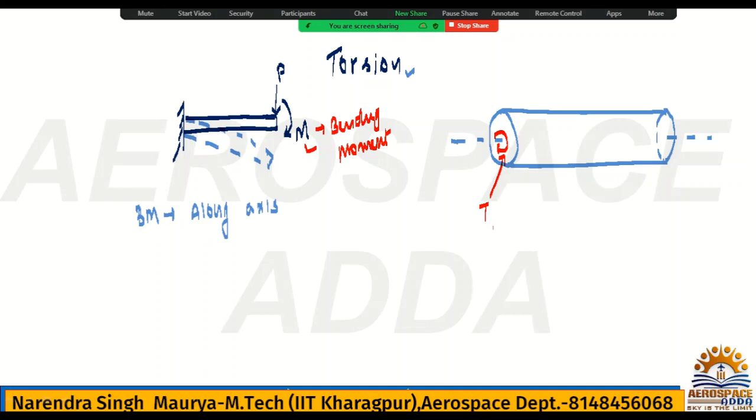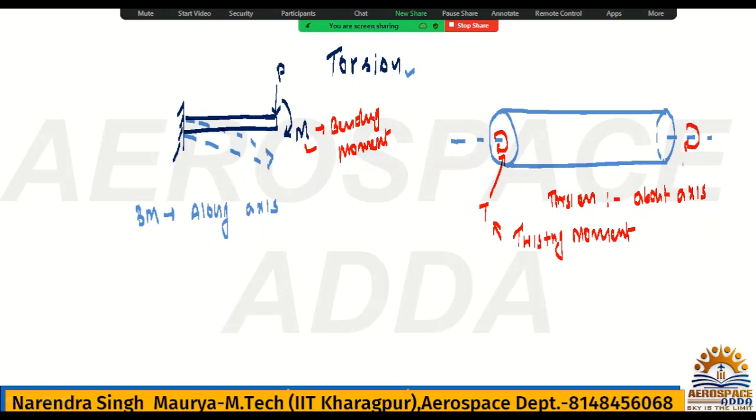Here you have a bending moment, this was the bending moment. So here we will have a twisting moment. It is called twisting moment. And in torsion, this twisting moment will be acting about the axis. About the axis. Check, it is about the axis.